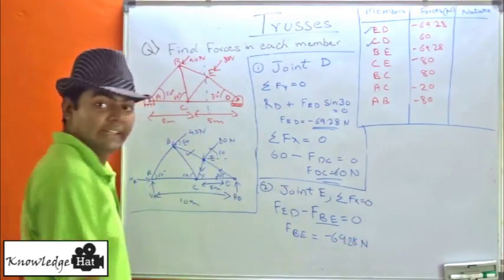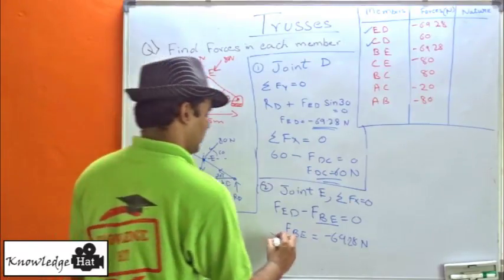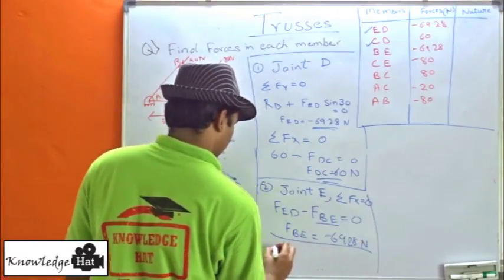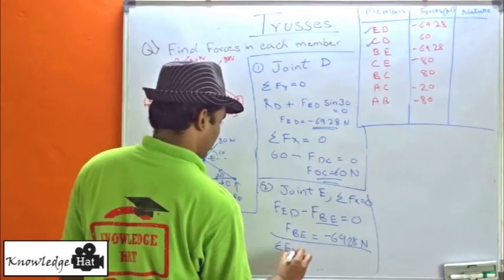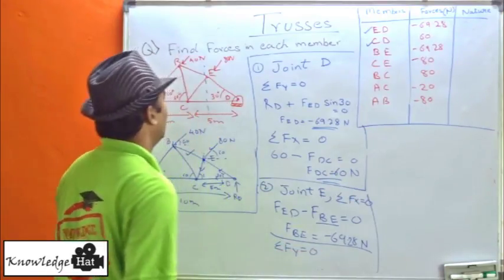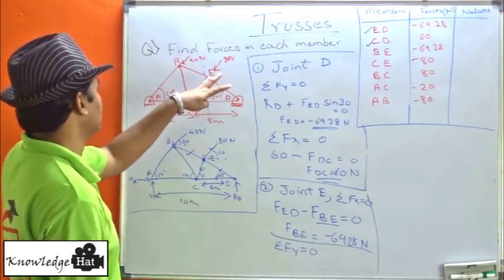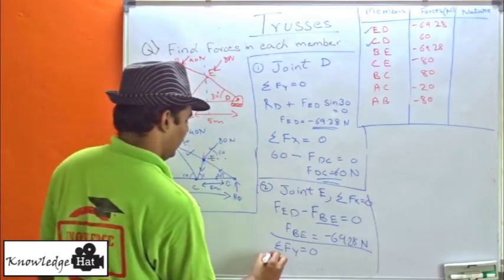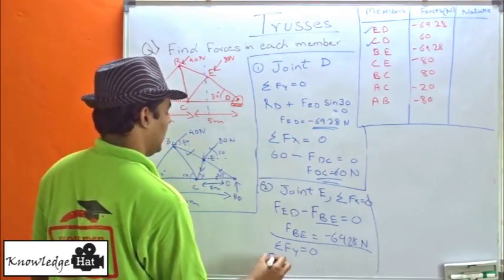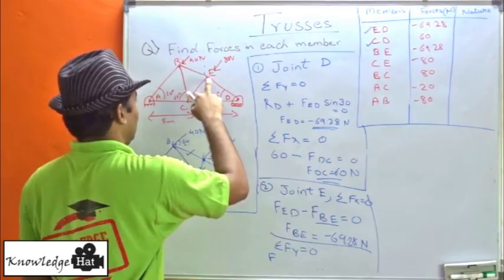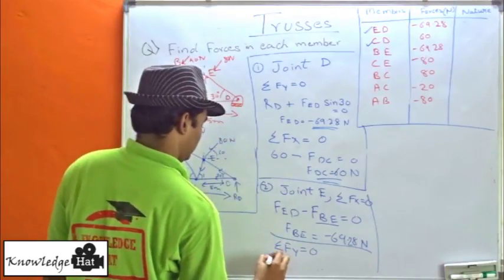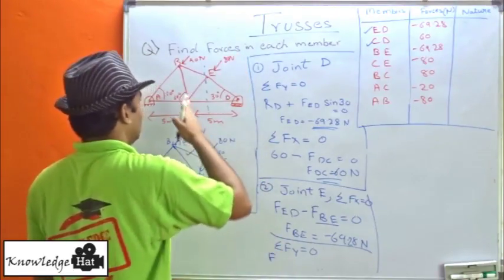And the next one, take summation Fy equal to 0. So here you can see this force is F of EC, but it is going downward.